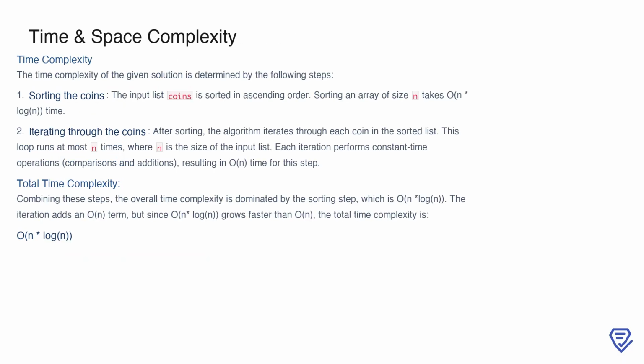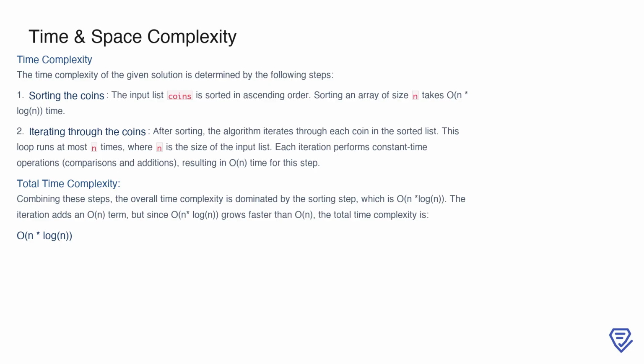To analyze the time complexity of this solution, we start by examining its key components. First, the input list of coins is sorted in ascending order. Sorting an array of size n requires n log n time, which is a standard complexity for comparison-based sorting algorithms like timsort, used in Python. Next, the algorithm iterates through the sorted list of coins.